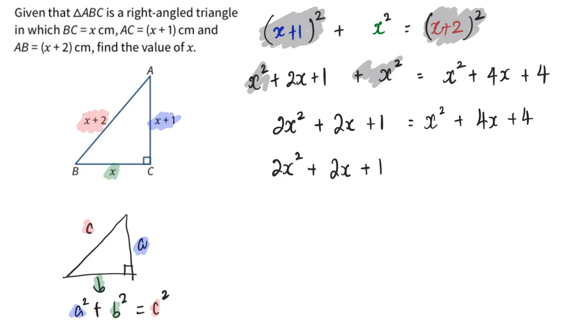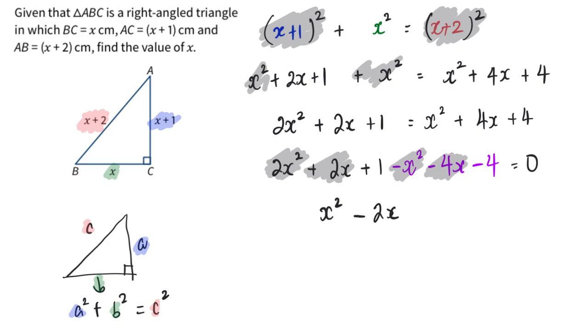So you will see Mr. Tan minusing x squared minus 4x and minus 4. And this one will become 0. So let's continue, okay? 2x squared minus 1x squared left only 1x squared. Positive 2x minus 4x. We are left with negative 2x. 1 minus 4, negative 3.